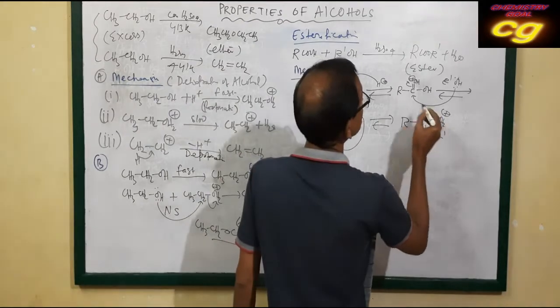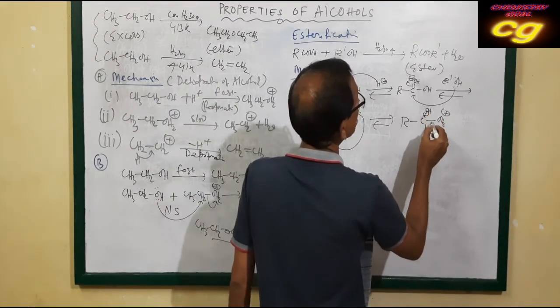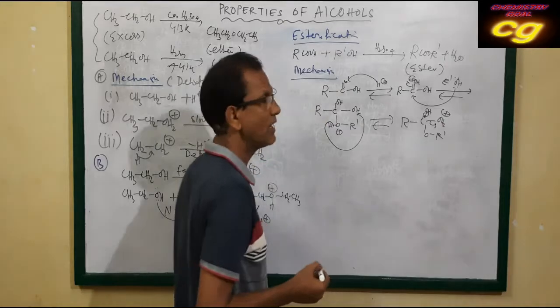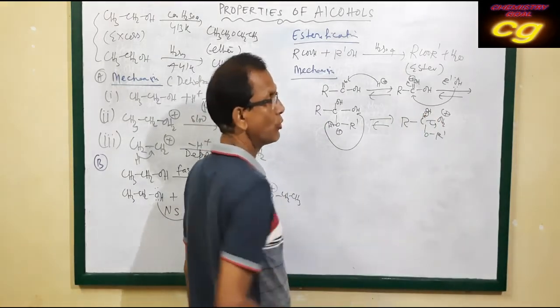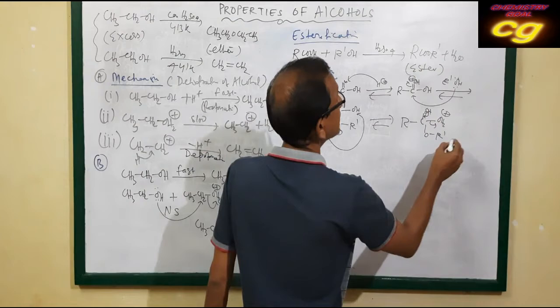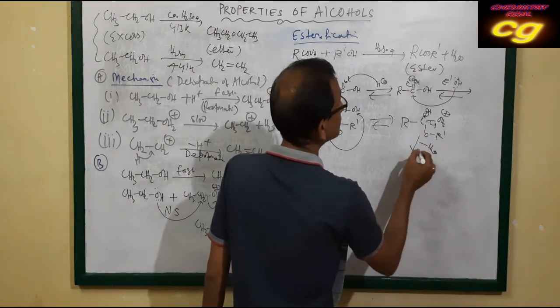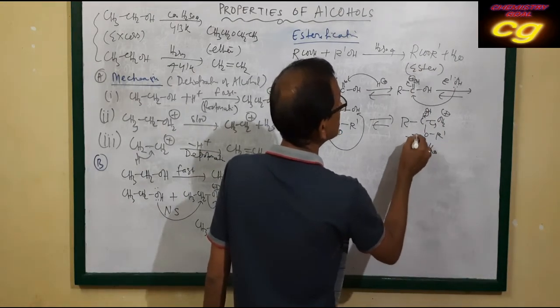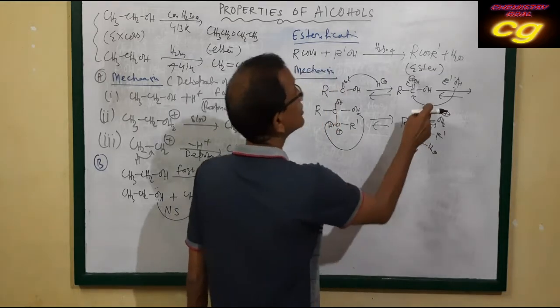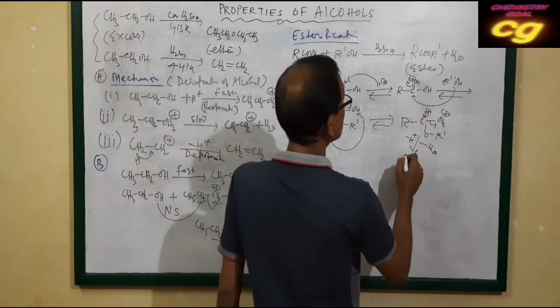Here it will lose hydrogen, H will be removed and form the double bond, then water will be removed. You have to write this: loss of proton forming double bond and loss of water. Simultaneously, loss of water and loss of H+ occur, forming your ester.